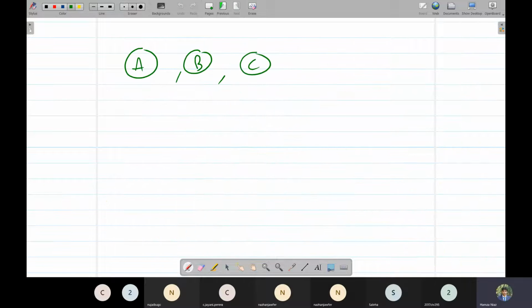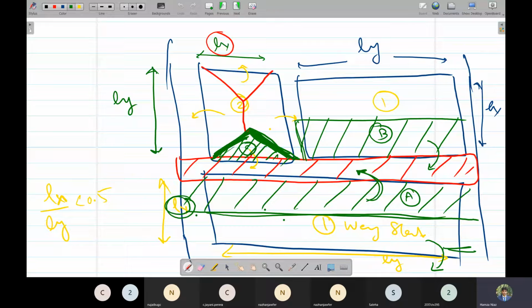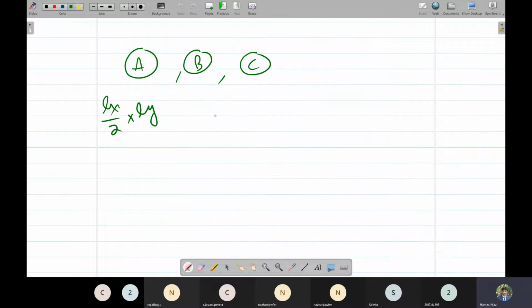This is Lx, so Lx by 2 into Ly. This one is Ly. Simply we can calculate the area as Lx by 2 times Ly. And for this B portion, again the same: Lx by 2 into Ly.